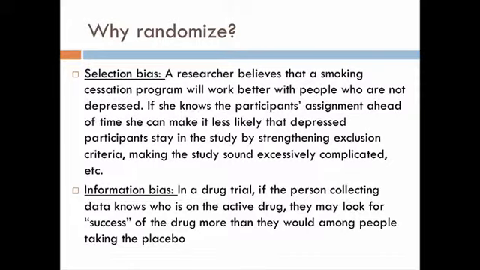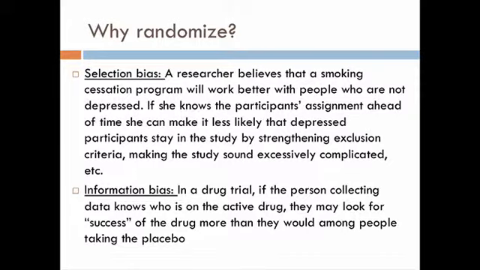Okay. I gave an example in the last slide, but here is an example of information bias. Say in a drug trial, if the person collecting data knows who's on the active drug, they may look for success in that group a little more. They may prompt them a little more. They may look at lab results a little differently. Similarly, as I mentioned, they may look for side effects a little differently.